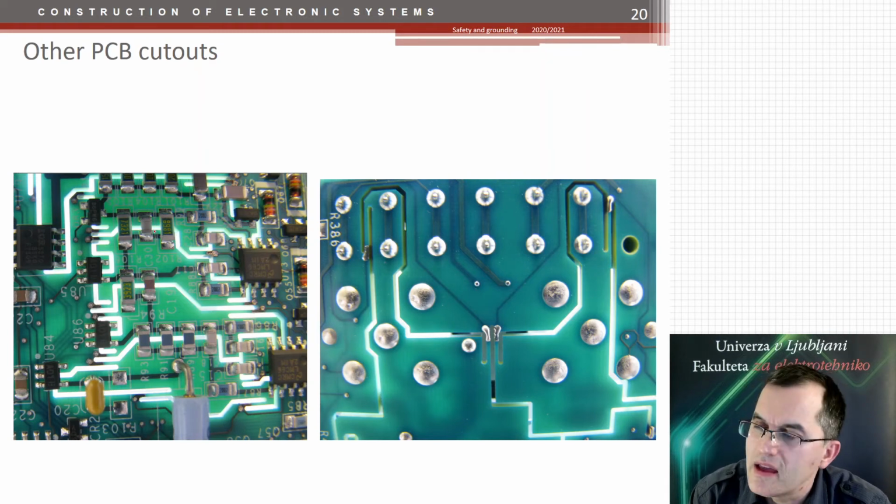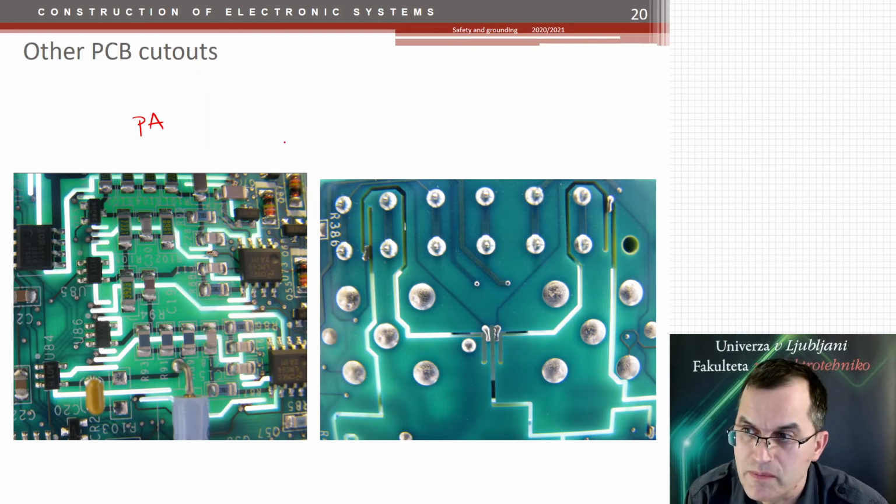Here, these cutouts are to minimize the surface leakage currents between these components, because this is an instrument that measures picoamps. It's a picoamp meter, and these cutouts are not made for safety, but are made to minimize the surface currents, so that your measurement of these picoamps is more accurate.